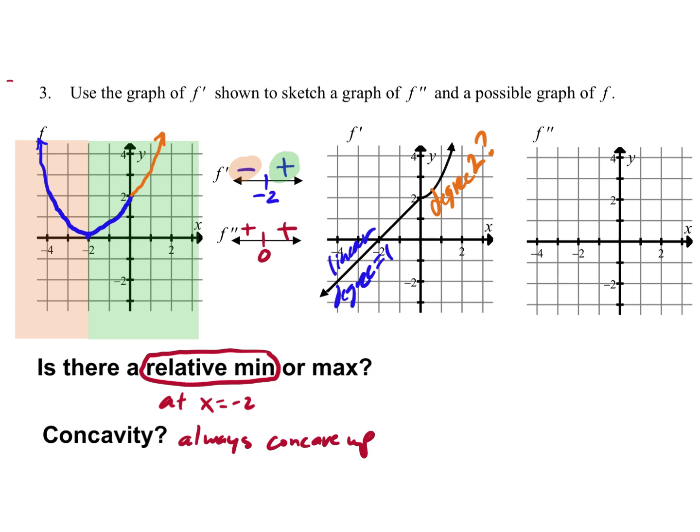If the slope of this line we agree is 1, yes? Then it's just going to be a horizontal line, and I put an open circle where x equals 0. The slope of this line everywhere is 1.